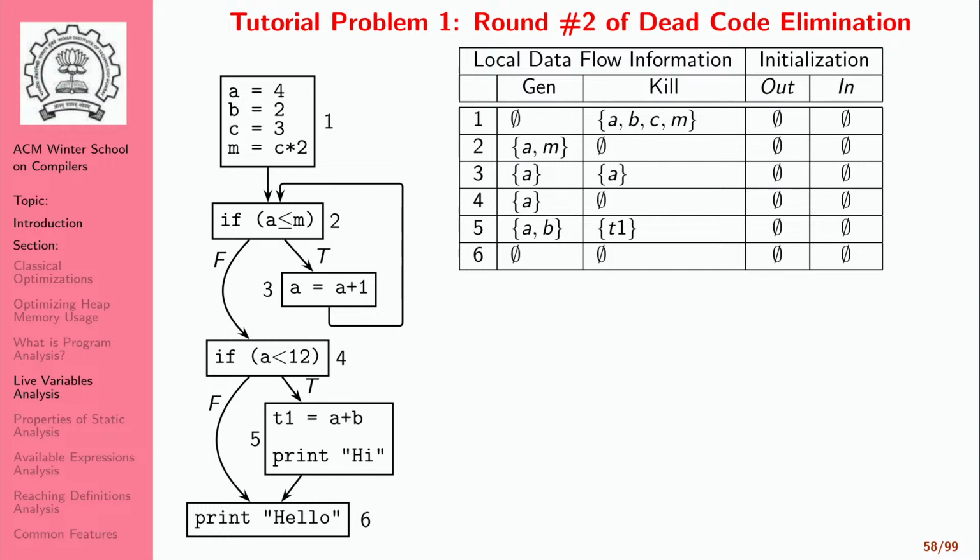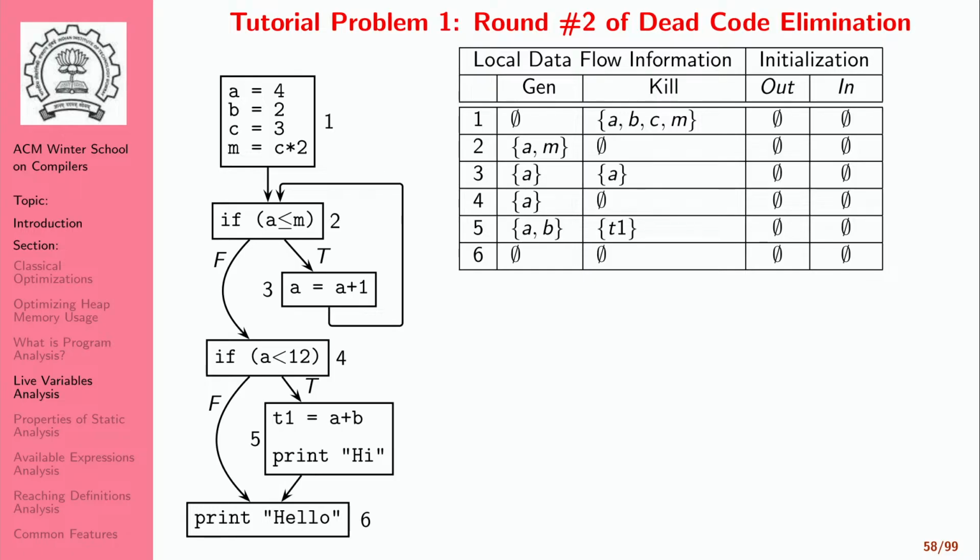Now what will change here? Which result will change? Can you go to your results and say where the change will be? The out of 5 does not change, the out of 4 will change, and everything else will change. In of 5 will change, yes.